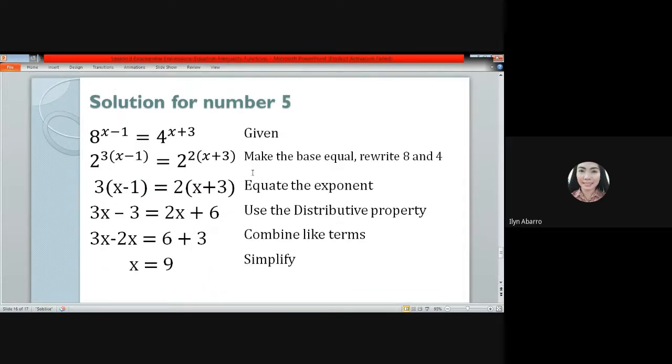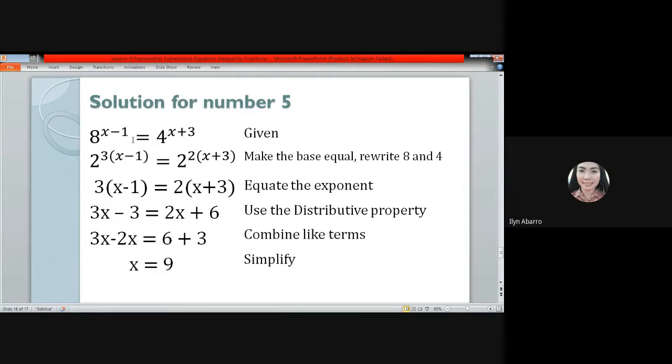Solution for number 5. 8 raised to x minus 1 is equal to 4 raised to x plus 3 is the given. Okay, as you can see from our previous examples, ang ginagawa natin, tinitingnan lang natin kung alin yung mas mababa and tinitingnan natin yung the other side kung kaya siya maging katulad the base. So, in here, yung 8 can't be written in the base of 4.